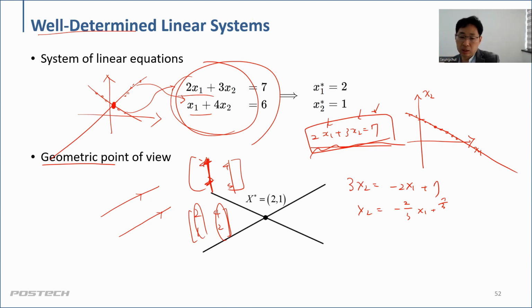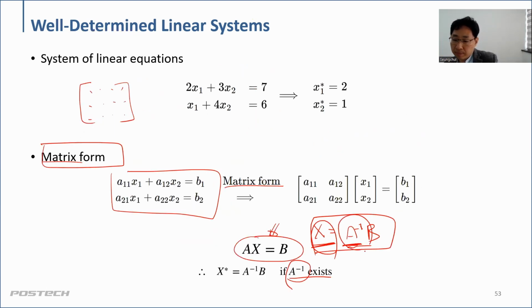So in that case, the solution does not exist, and we know that the inverse of a matrix also does not exist. Right, so these two are related. I hope that you guys can see both of them at the same time.